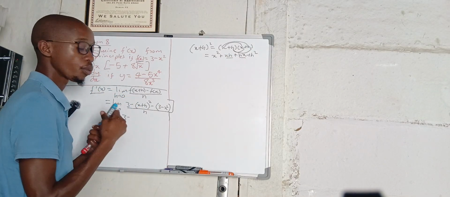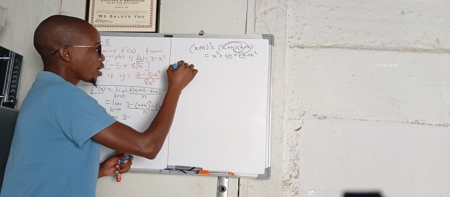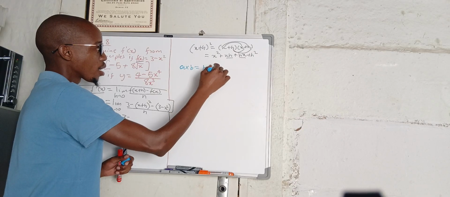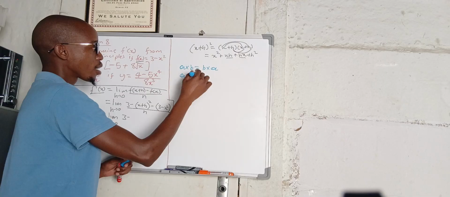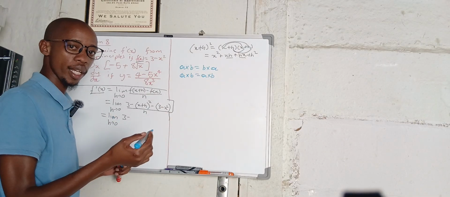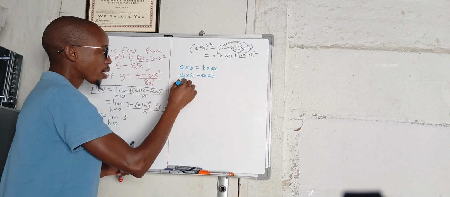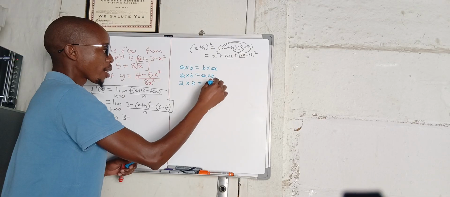Remember that we have what we call the commutative law in mathematics. So a multiplied by b is the same as b multiplied by a. How can we make this relatable? 2 multiplied by 3 is still going to be the same as 3 multiplied by 2.